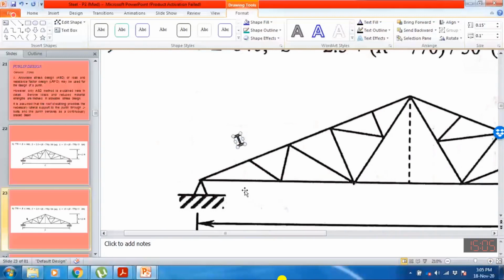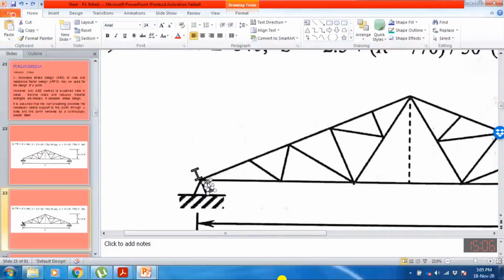We place the purlin at each panel point, maybe here, one purlin over here, one purlin here, one purlin here.